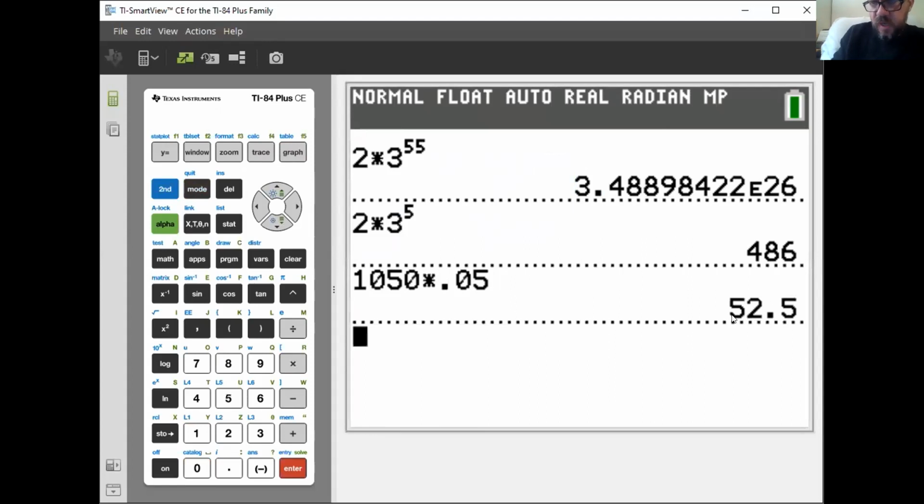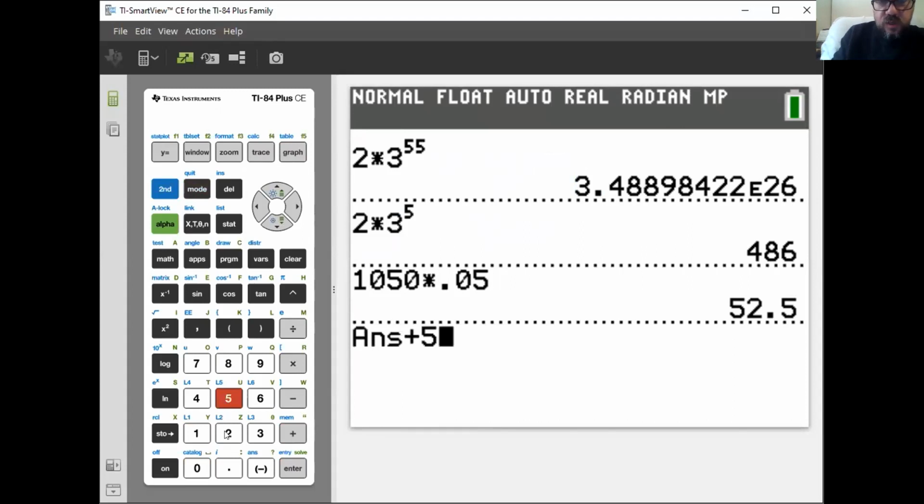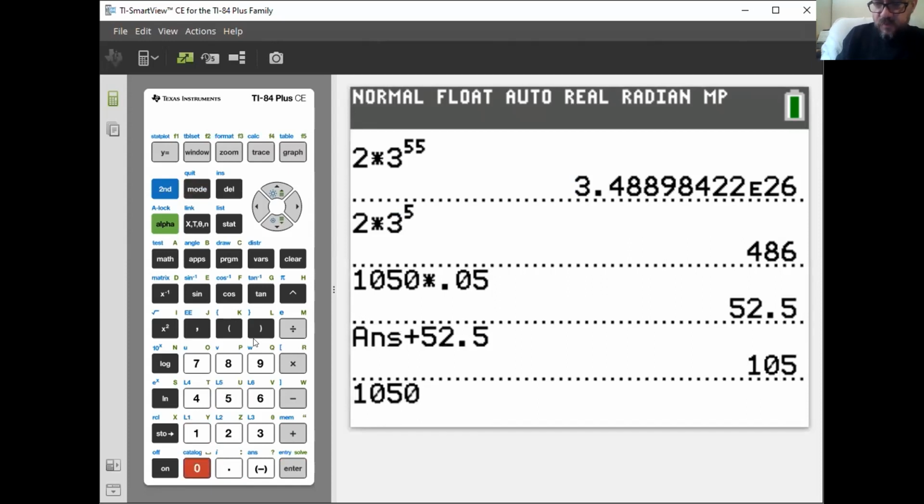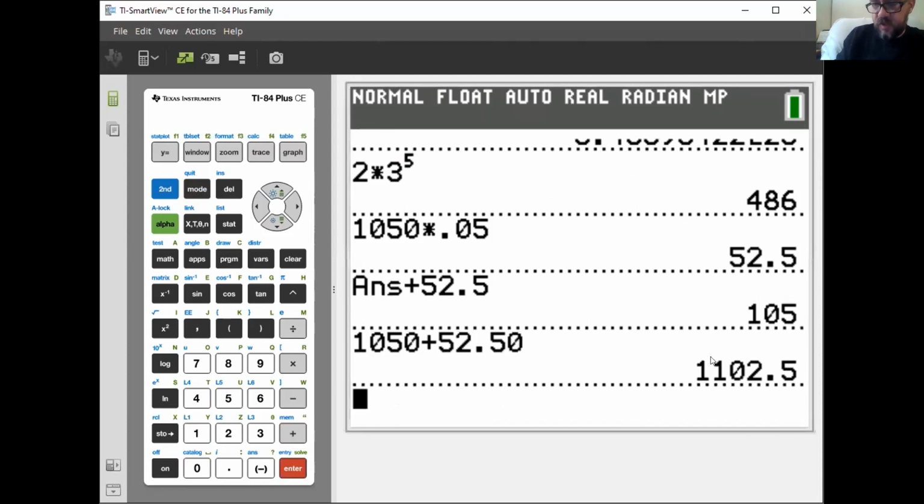This is how much money I gain, plus $52.50. It's a little more than last time because I have a little more, right? Let's try it again: 1050 plus 52.50. All right, there we go. 1102.50. That's how much I have after the second year.